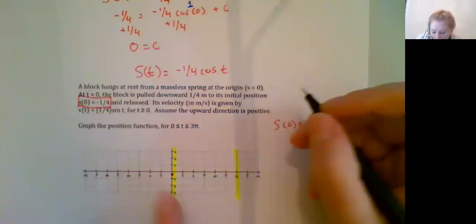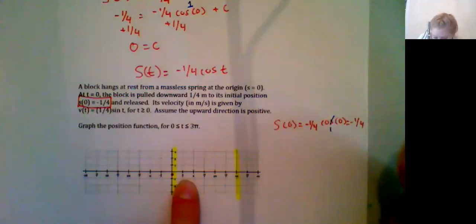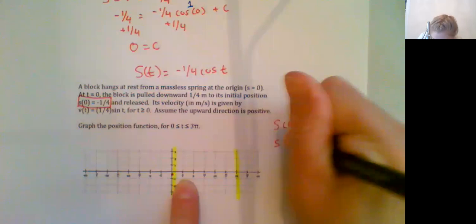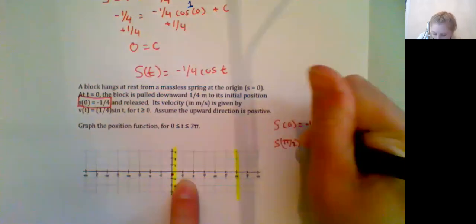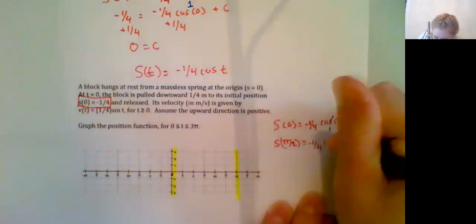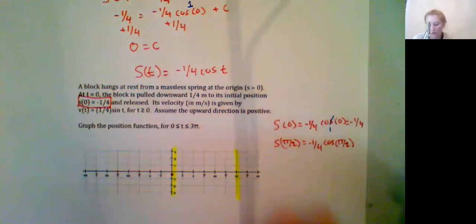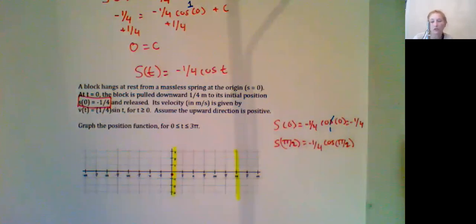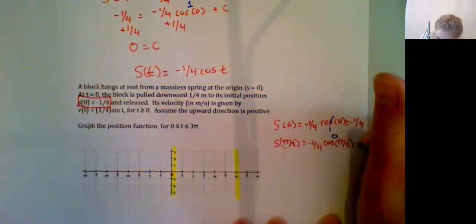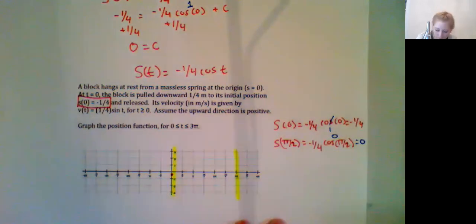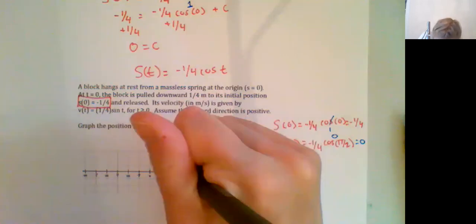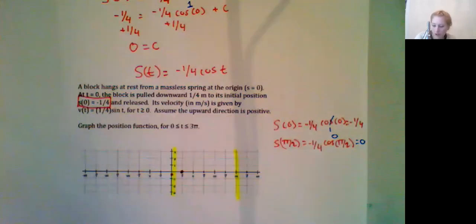All right, so then the next point that I have on my graph is pi over 2. So -1/4 times the cosine of pi over 2. Okay, so what is cosine at pi over 2? It is 0. Okay, so this is going to end up giving me 0. Okay, now we're going to do pi.